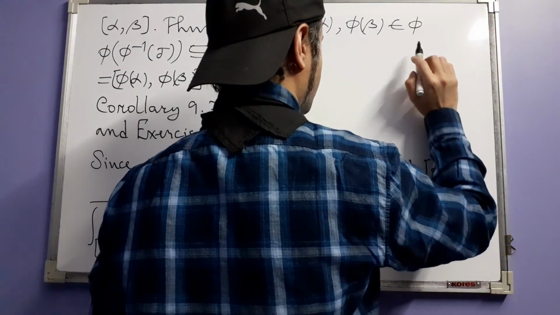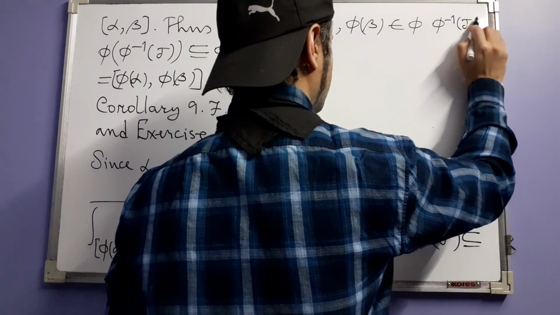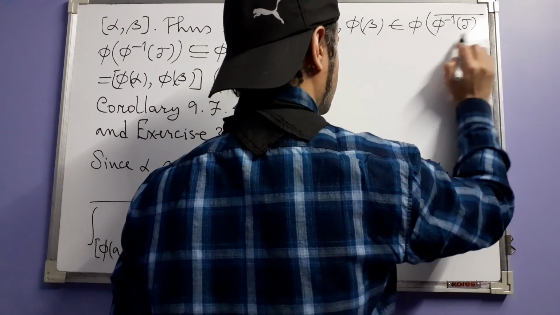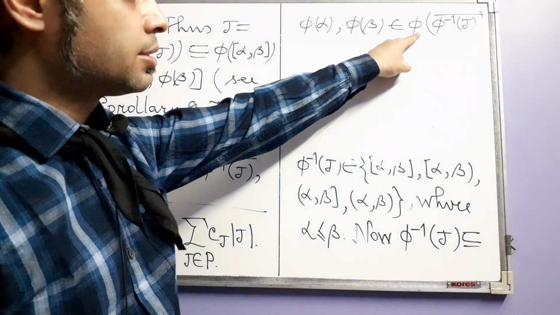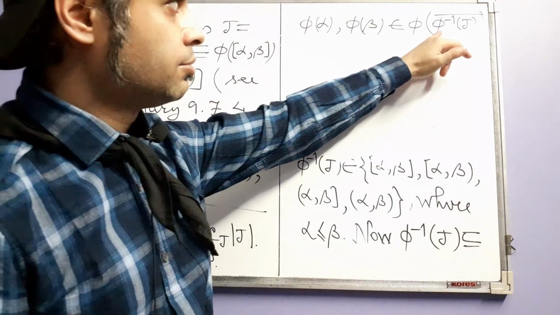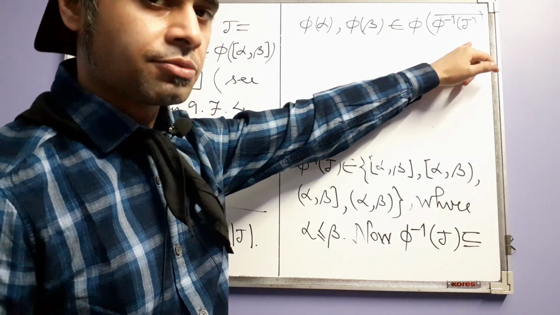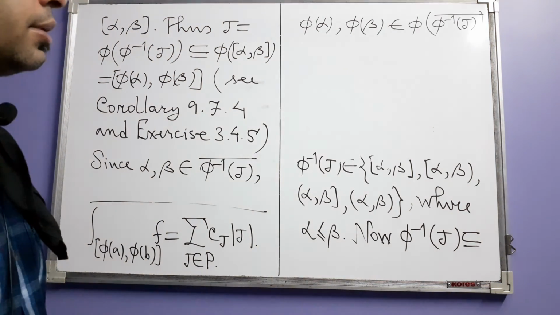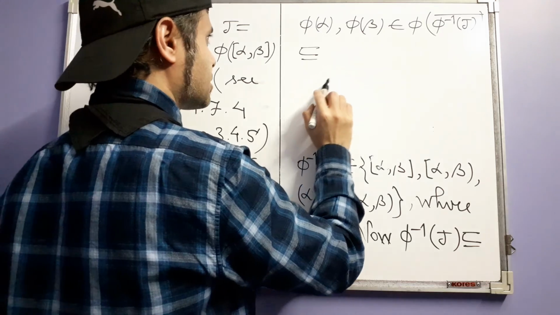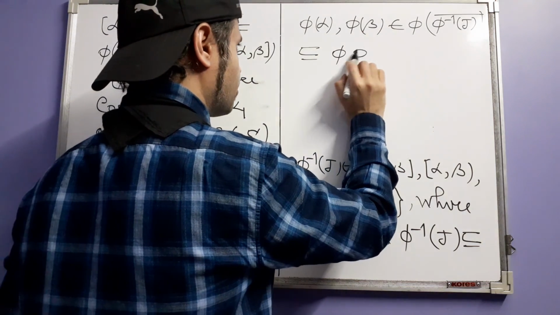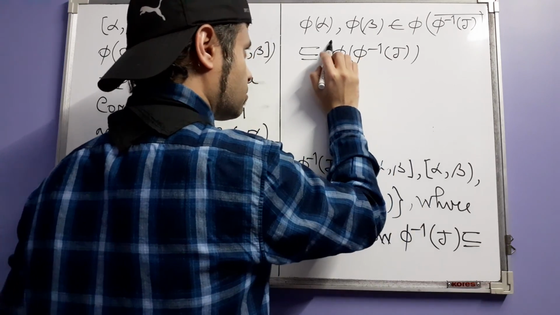It is getting a little complicated, so let us be careful. Do we understand that? Yes, this is the phi image of the set which is the closure of the inverse image, phi inverse of J. However, this is a subset of phi inverse of J closure.